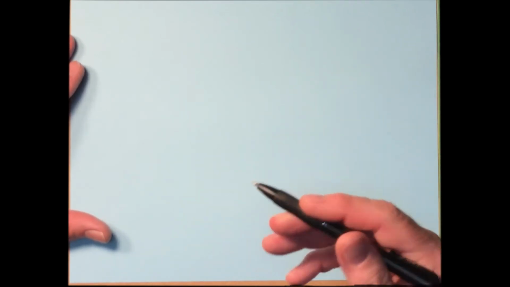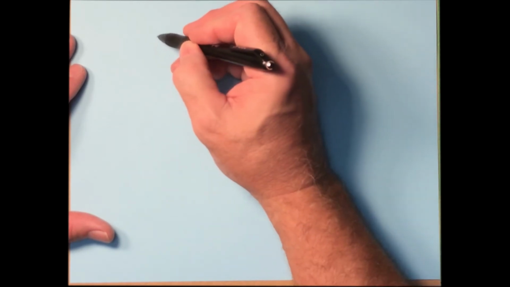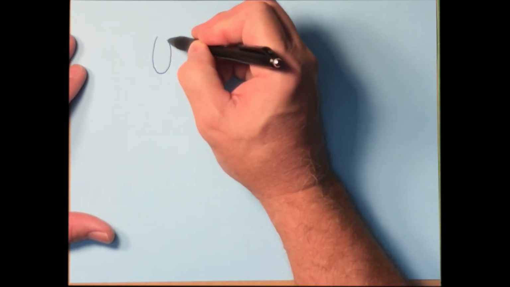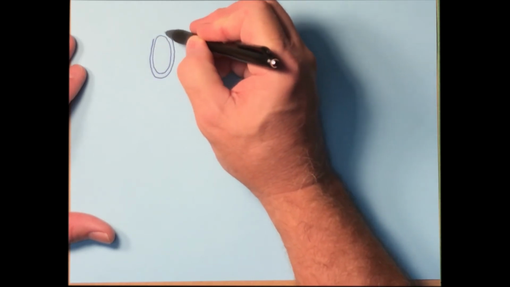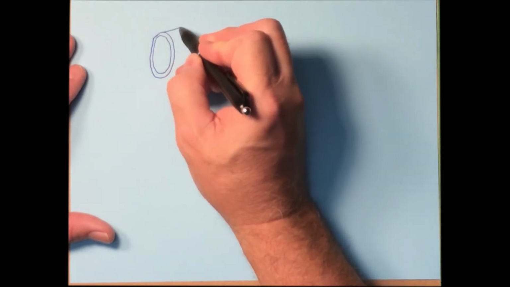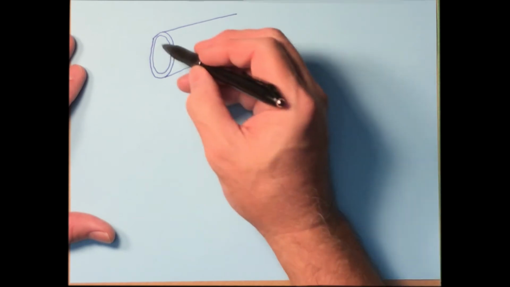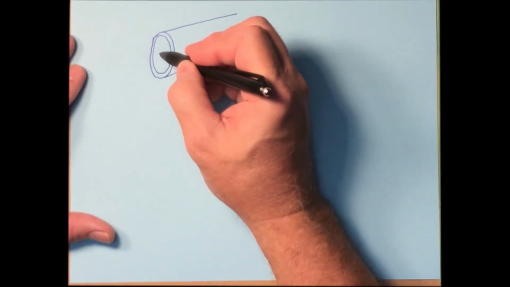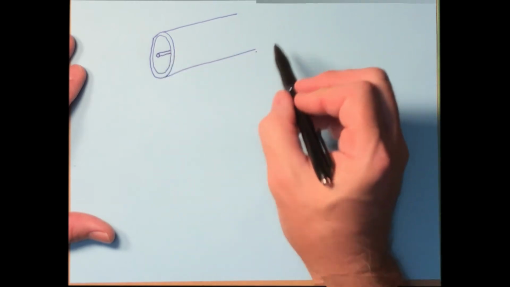All right, for this one, we're going to have something that's the equivalent of a coaxial cable. So let me draw that this way. Here is an outer shell, a thin cylindrical shell, and it's a conductor. We're going to put in the middle a very thin conductor, so thin that we can consider it a line of charge.